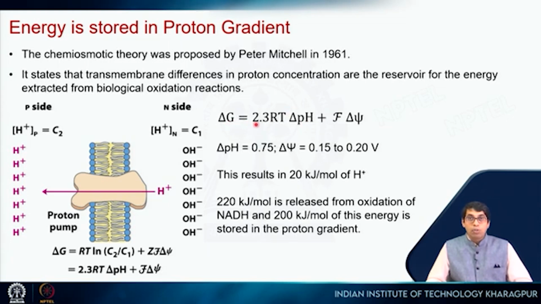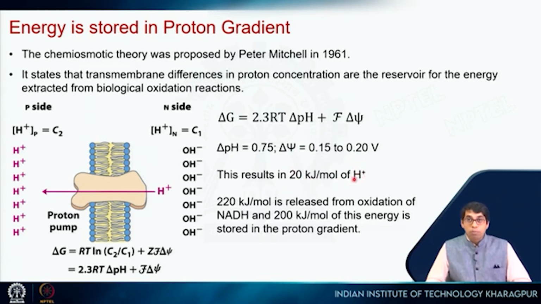And we can calculate that using this equation, okay? Delta G equals 2.3 RT delta pH plus F times delta psi. Now if we plug in these values, where delta pH, the difference in proton concentration between these two sides, is 0.75, and the delta psi, the difference in electric potential, is 0.15 to 0.2 volts, you get 20 kilojoules per mole of proton.